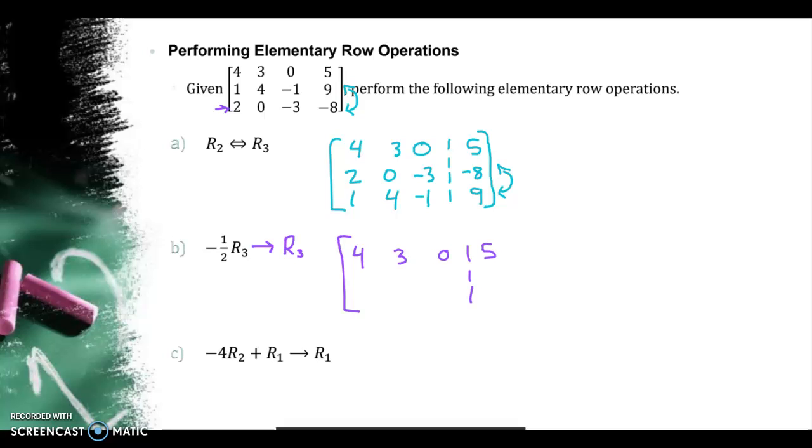And row 2 is still 1, 4, negative 1, 9. And then negative 1/2 times row 3, we take negative 1/2 times each of our entries in row 3. So negative 1/2 times 2 is negative 1. Negative 1/2 times 0 is still 0. Negative 1/2 times negative 3 is a positive 3/2. Then negative 1/2 times negative 8 is a positive 4. So this becomes my new matrix that I'm working with. Or, in other words, think of it as 3 equations: 2 of the same equations and 1 new equation.